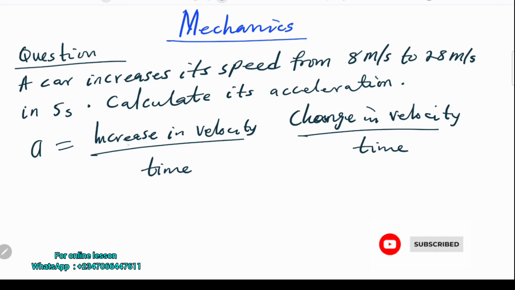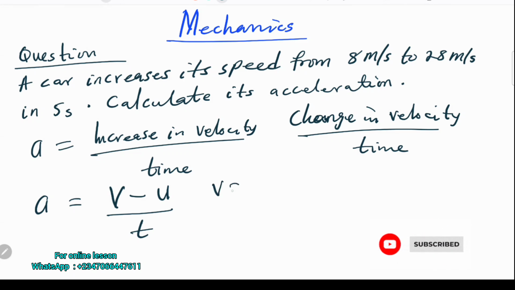Now, when we want to define acceleration, we simply say the increase in velocity with respect to time. That is the increase in velocity divided by time. Now, we have the initial velocity as u, and the final velocity as v. That means final velocity minus initial velocity all over time.